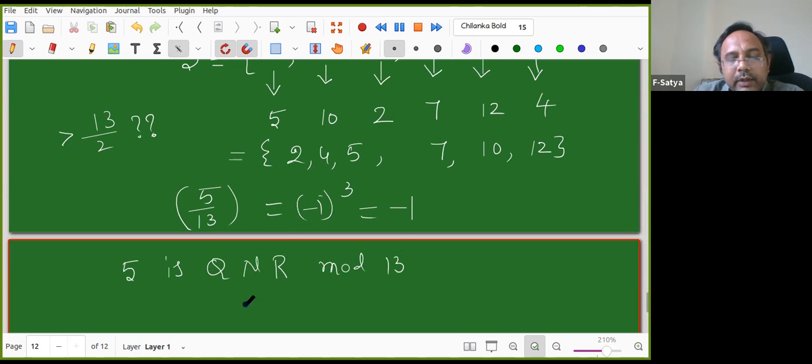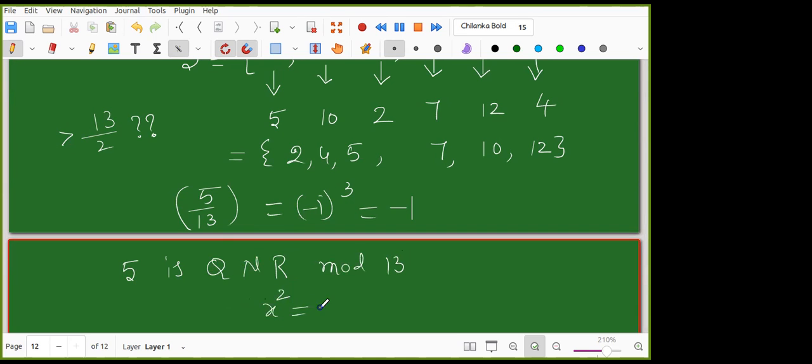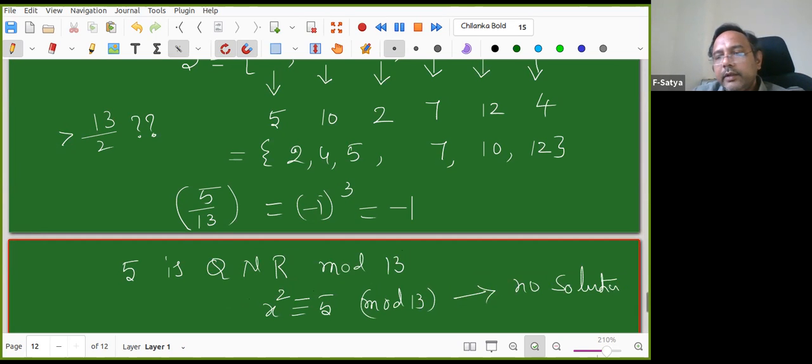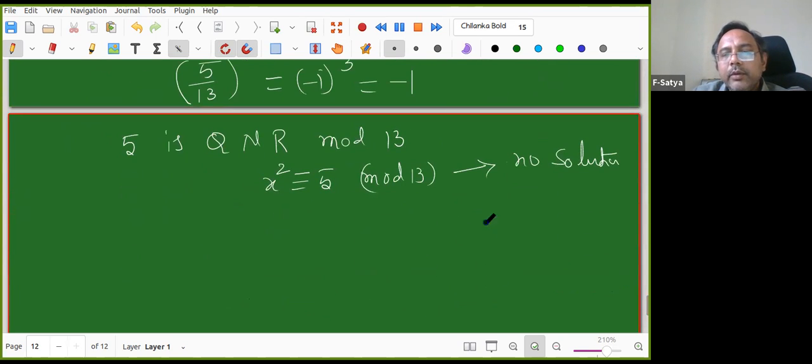That means there does not exist any integer x such that x squared is congruent to 5 modulo 13. It has no solution. That means there is no square root modulo 13.